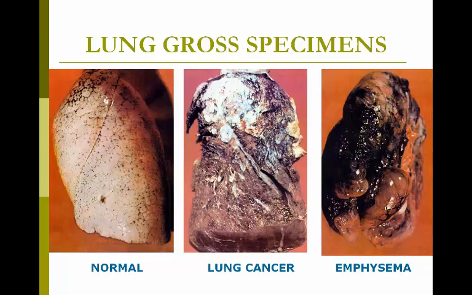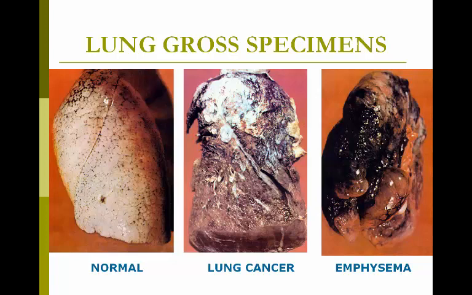Instead of the normal alveolar structure being present in those parts of the lung, the walls of alveoli have broken down, and instead of a few million air sacs being present, you have a few really large air sacs present there.